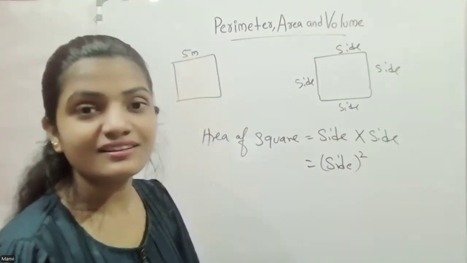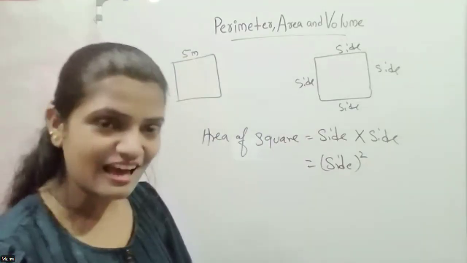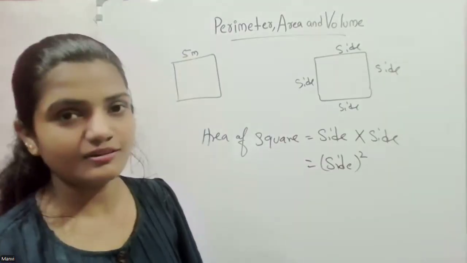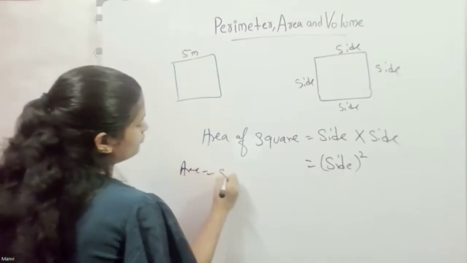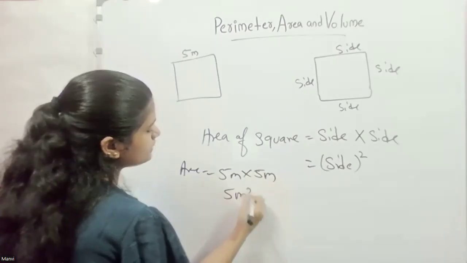Tell me the unit. Meters, with the power of 2. Meter with power of 2, we can say meter square, centimeter square. Very good. So the area will be 5 meter times 5 meter, which is 25 meters square.